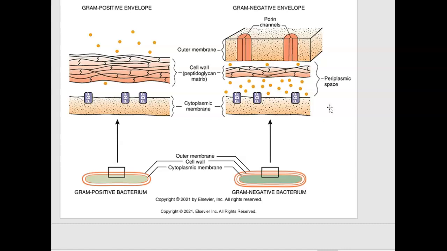Transfer of resistance is of special importance with Staphylococcus aureus. When penicillin was first introduced in the 1940s, all strains of Staph aureus were sensitive. However, by 1960, 80% of Staph aureus isolates in hospitals were penicillin resistant.